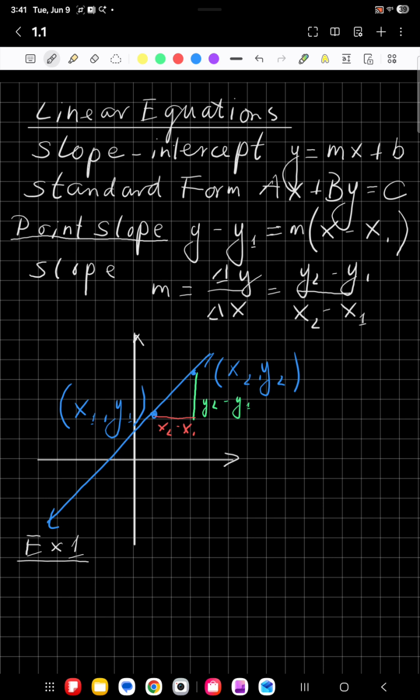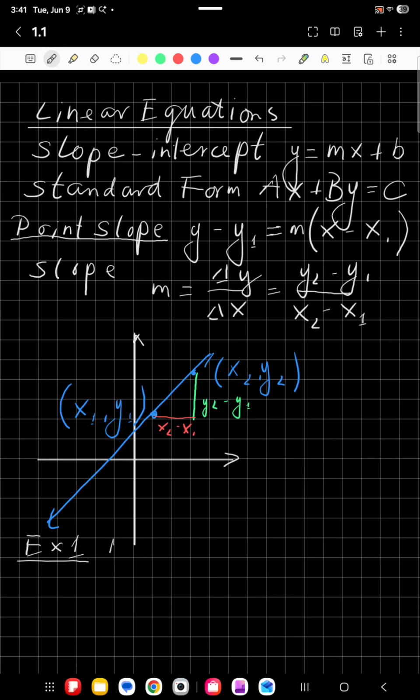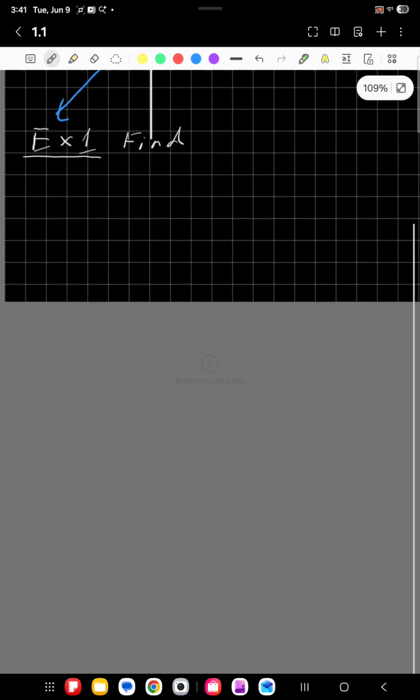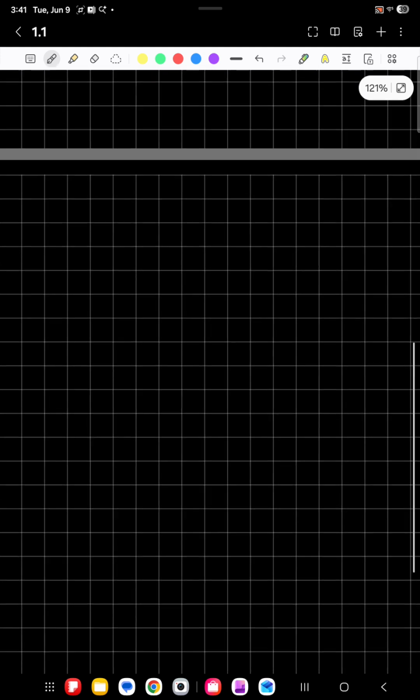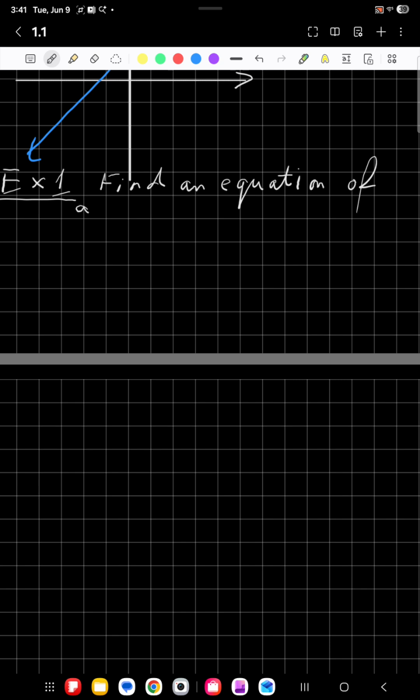Find an equation of a line passing through 2 points.